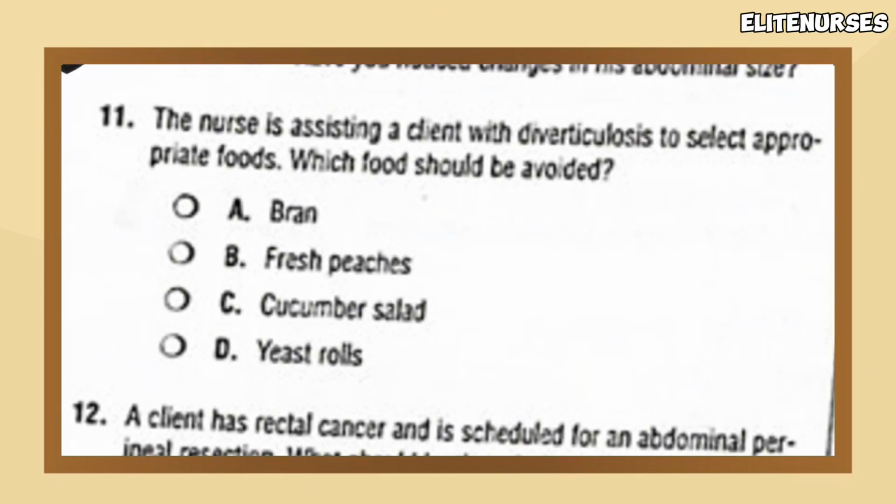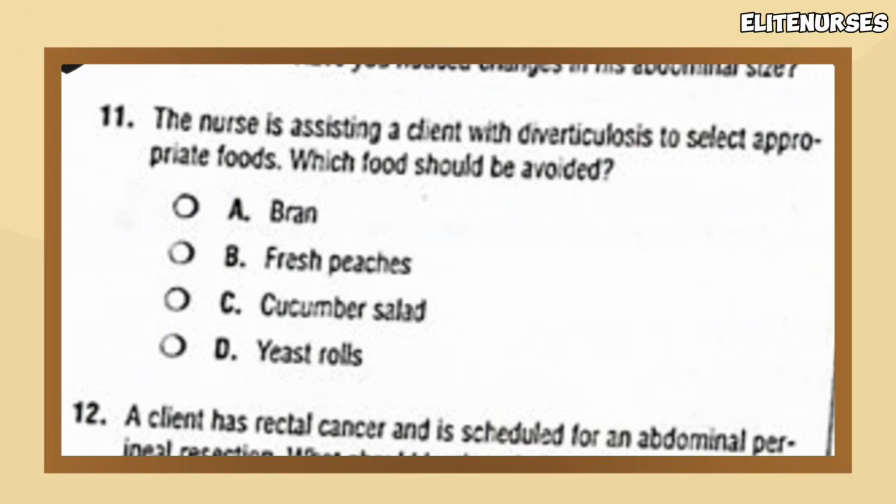Question 11. The nurse is assisting a client with diverticulosis to select appropriate foods. Which food should be avoided? We have A, bran, B, fresh peaches, C, cucumber salad, and then D, the yeast rolls.